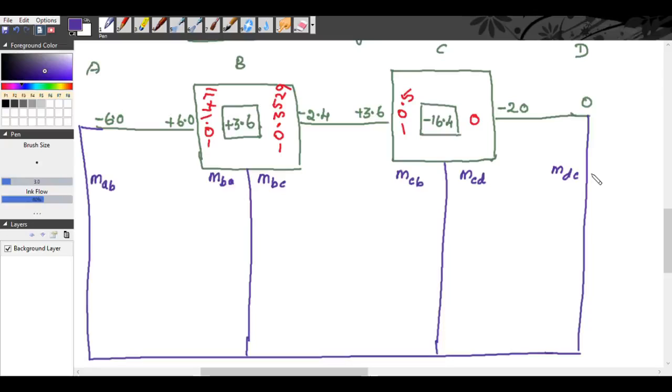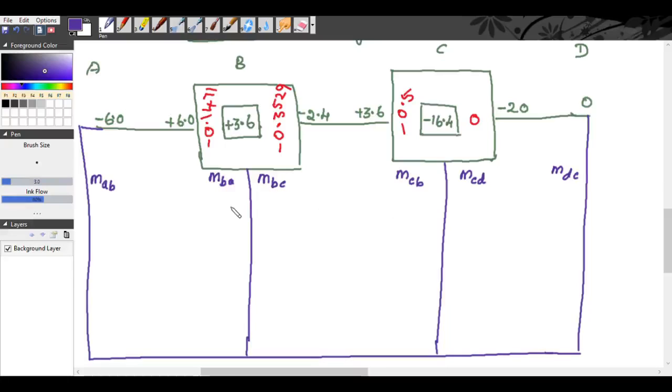So we know small m AB is nothing but the rotational contribution. Small m AB means the rotational contribution of end A to the final end moment MAB. Small m BA means rotational contribution of end B for the moment MBA.